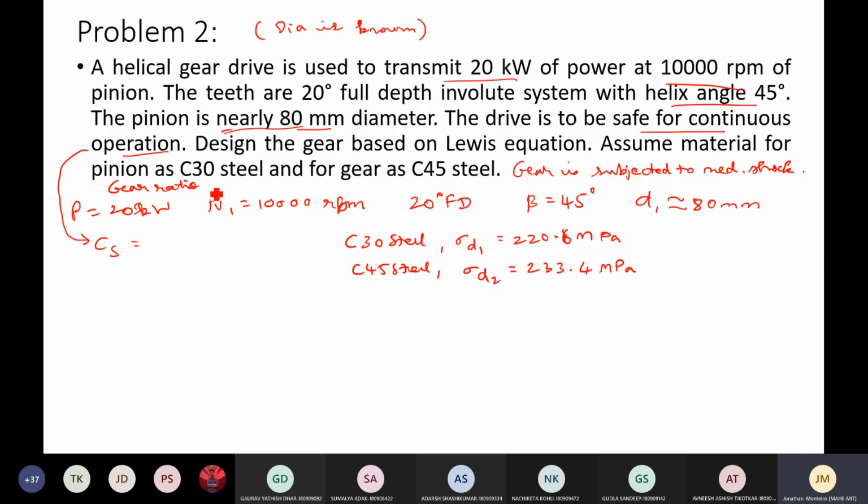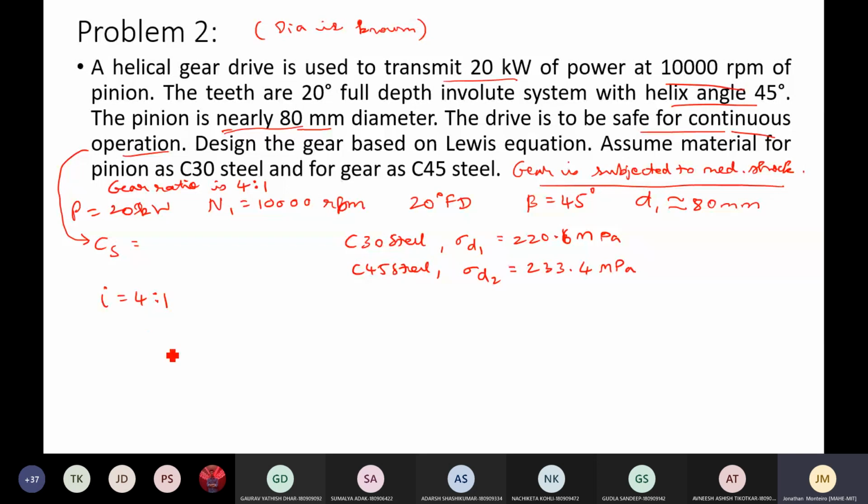Typing error here. Gear ratio is 4:1. In other words, I is equal to 4:1. So these two data you can add. This is a continuation of this continuous operation, and gear is subjected to medium shock. So together they form the service factor.